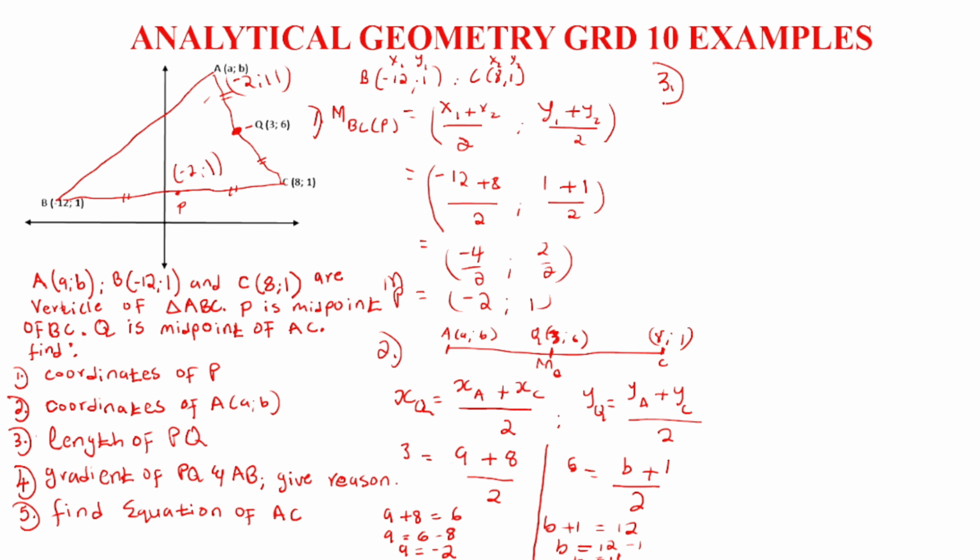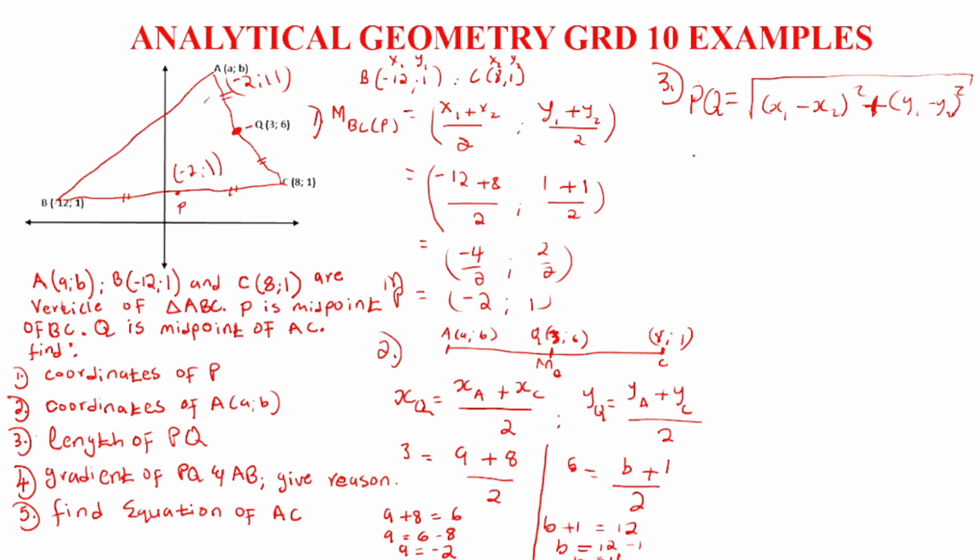Question 3 is asking us for the length of PQ. So this is given by the distance formula, which is equal to the square root of x1 minus x2 all squared plus y1 minus y2 squared.